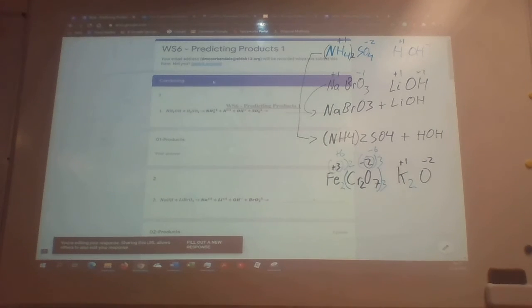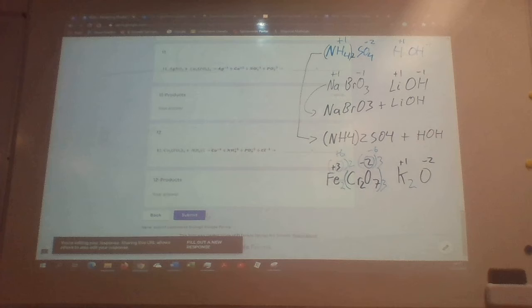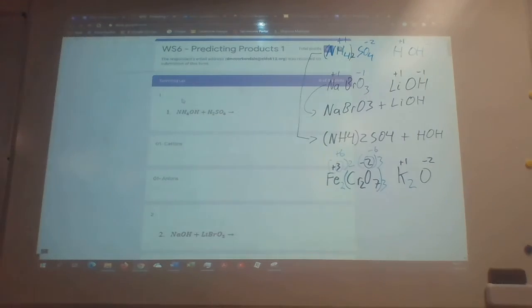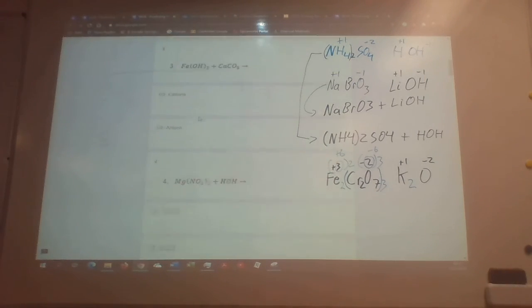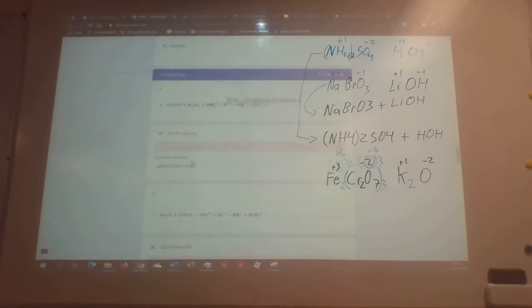Don't back out, because if you back out, it will delete all your work. If you hit submit, instead of hitting edit response, go to view score. And it's going to tell you the correct answers on section 2.